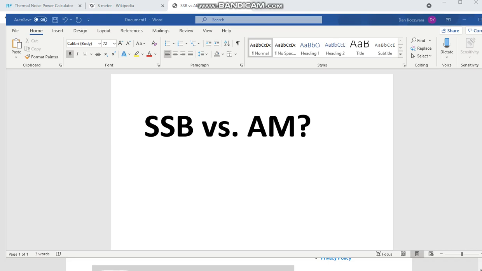So I want to cover a couple things, and I'll give you the number in dB that I come up with, and it's based on two main things, which I'll cover. It's thermal noise power, or the noise floor, as it's proportional to the RF bandwidth of your receiver.